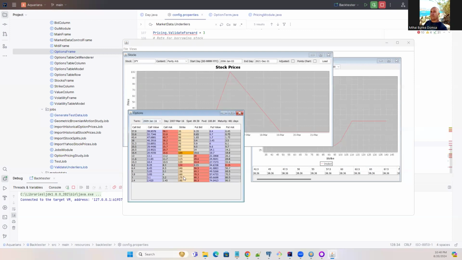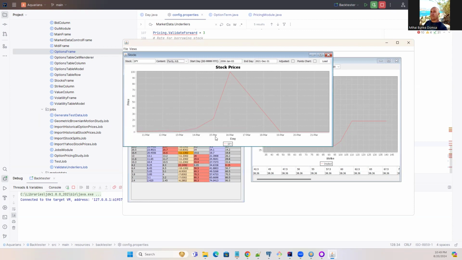Okay, I found it. So it's on this term, and if I'm switching to parity, you see a huge $22 parity arbitrage here. So the prices look like this, and suddenly among the in the money values appears an out of the money value. So this one definitely shouldn't be here because it's definitely faulty, and it's caught by these statistics.